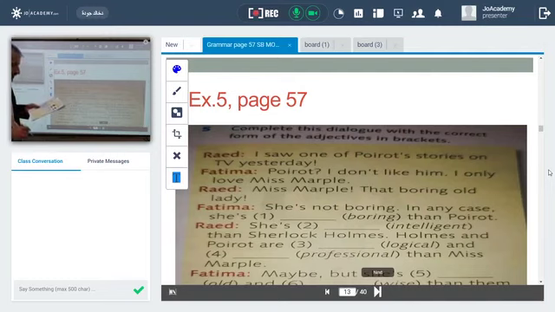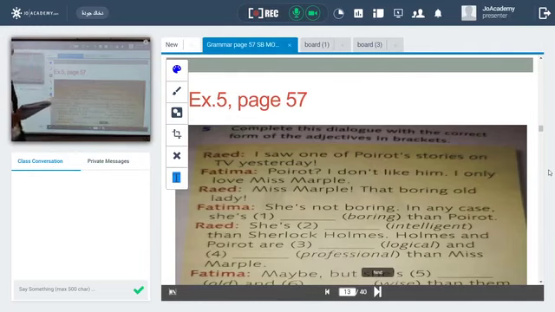Then after that, we need to listen again and put the right adjective in its place. So please look at the form. We have 7 gaps, and at these 7 gaps, I'll try to read and help you with them. We have a dialogue between Ra'id and Fatima.